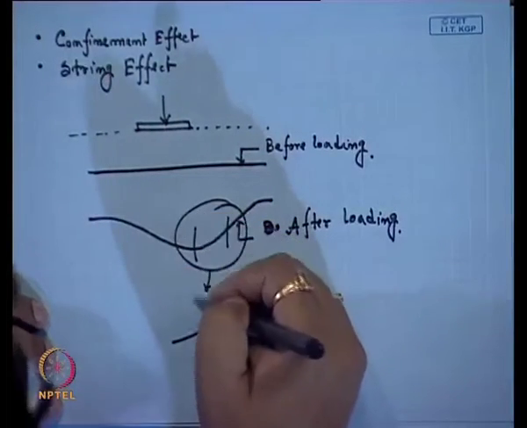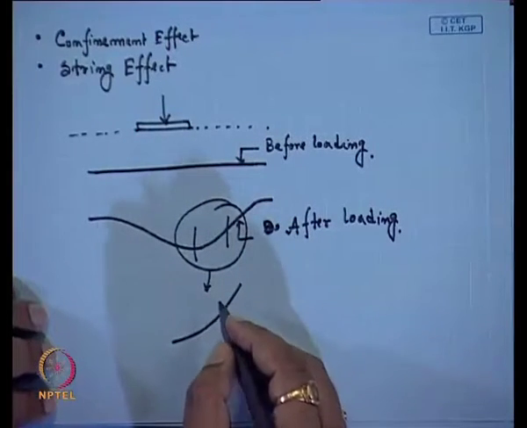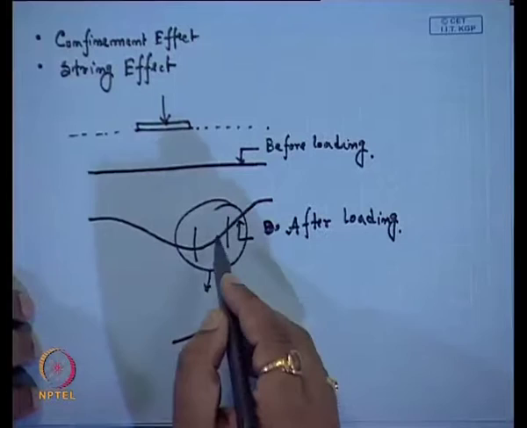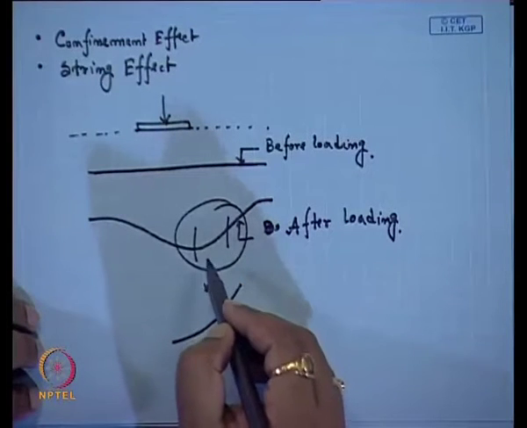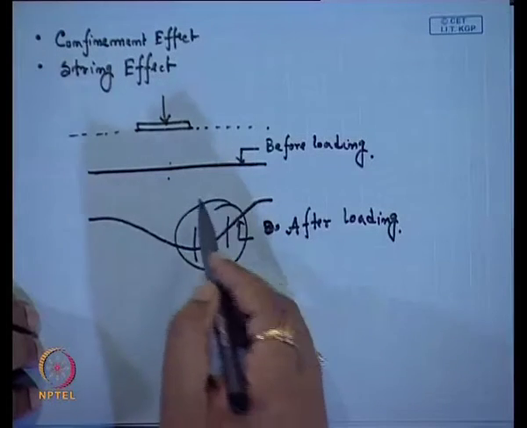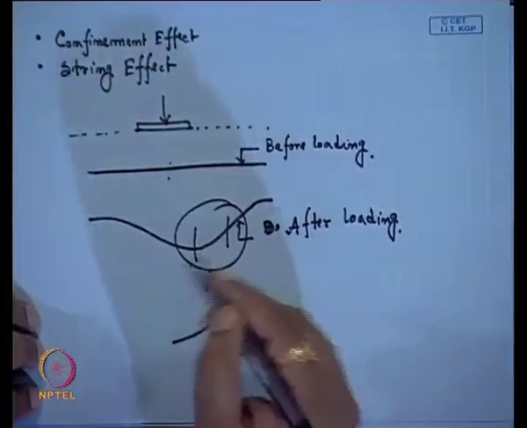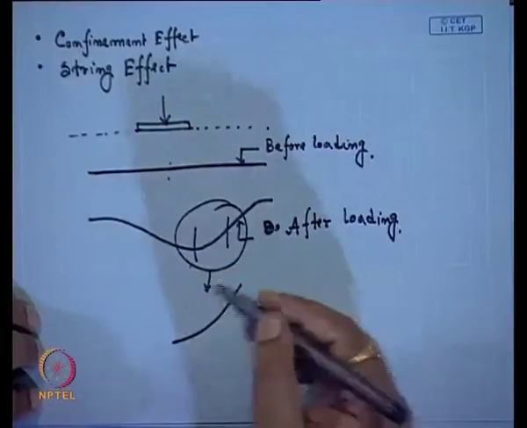Once we get a deformation of the reinforcement, there will be friction, because there is a relative movement between the soil and the geosynthetic. Before loading there is no movement between them; it is placed as it is. When it deforms, there is movement, and once this movement starts, friction develops.